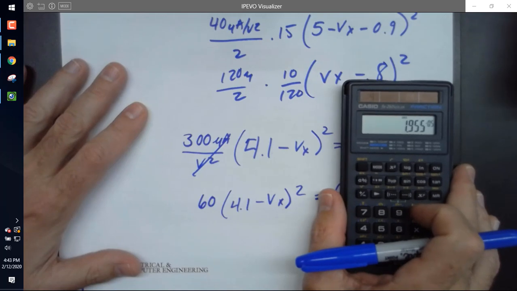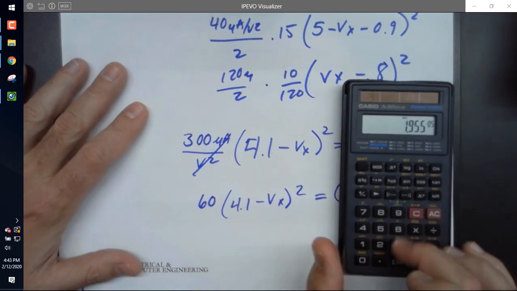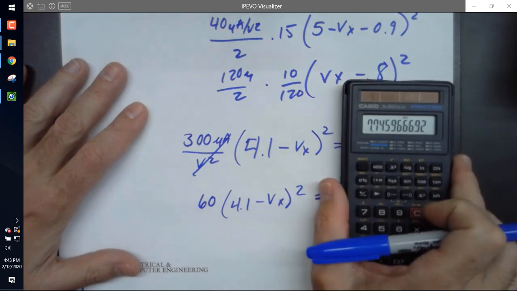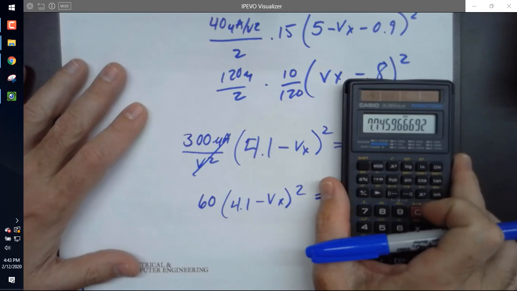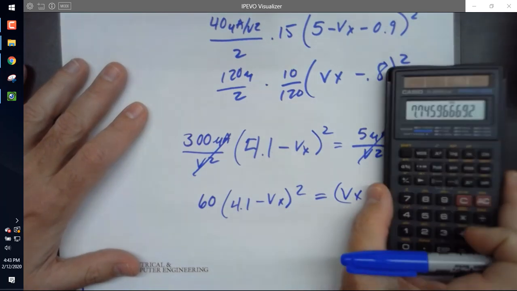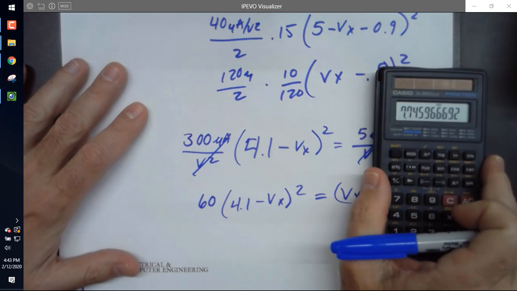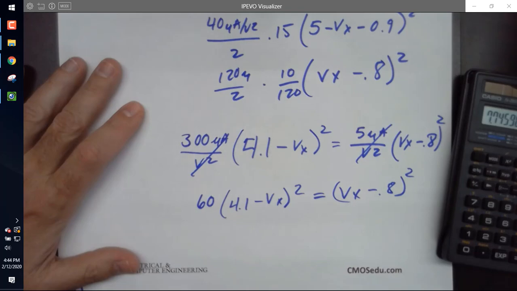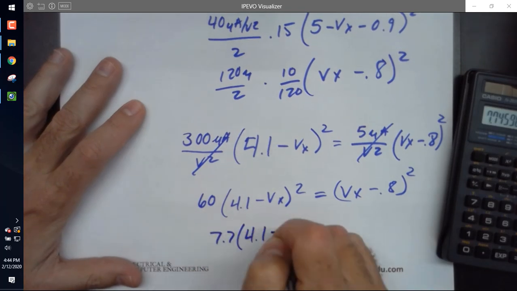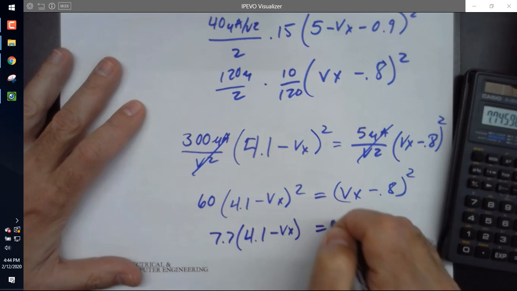Let's see. 60 shift square root. I'll round that to 7.8. Actually, I'll use 7.7. All right, so I get 7.7 times 4.1 minus Vx equals Vx minus 0.8.